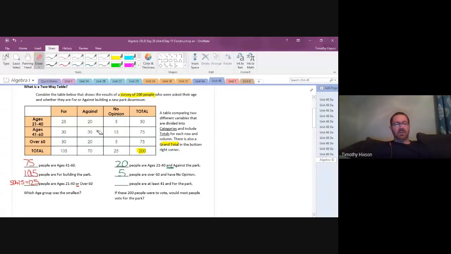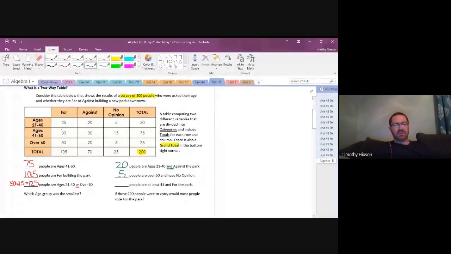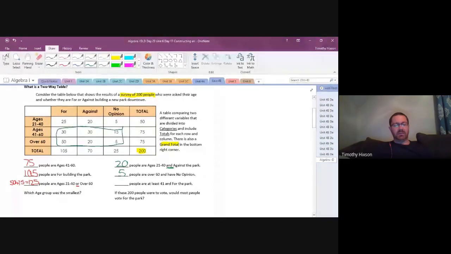And then we have another one that's written a little bit differently. At least 41. Well, at least 41 means that they could be 41 to 60 or over 60. So that includes everybody over 41 and for the park.